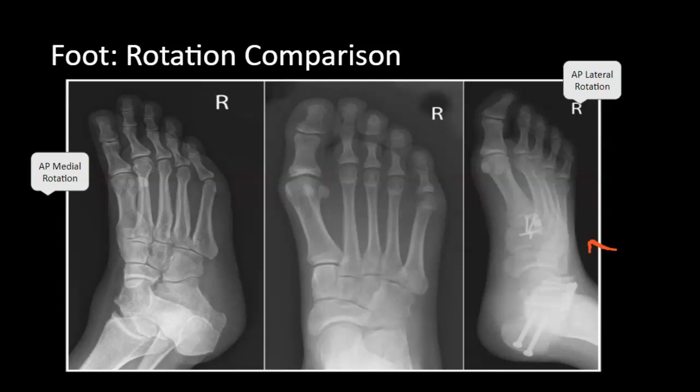The medial and intermediate cuneiform joint spaces are basically superimposed over top of each other, and they're demonstrated as closed. The talus starts to move over top of the calcaneus, resulting in more than that one third of the talus superimposing the calcaneus.